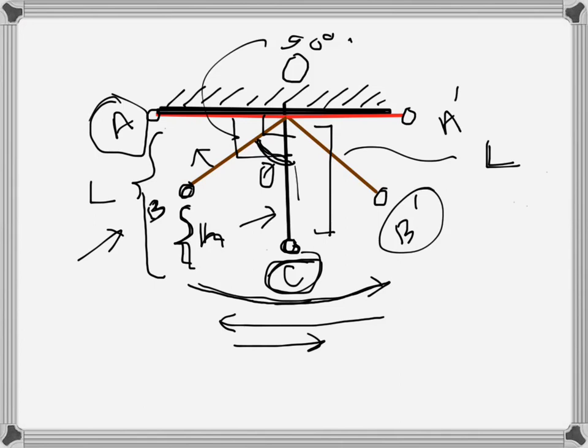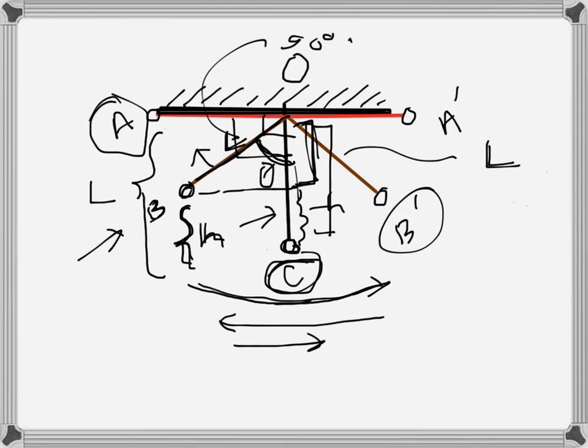So if we want to calculate the height h in terms of the variable theta, we just look at this height h. At position B, the string length is always L, so this much is L.